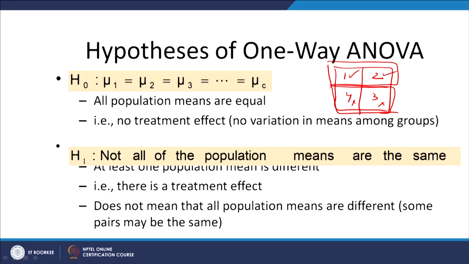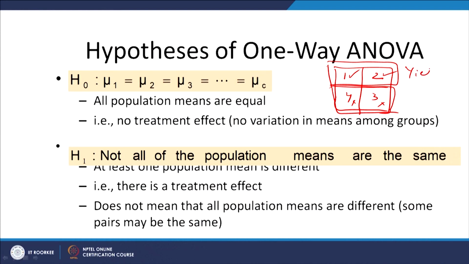If there is no difference, then the treatment effect is not there. But if the yield increases or decreases, then he can say that because of the fertilizer the yield has changed. That means the treatment, which is the fertilizer, has got an effect on the final output, which is the yield.